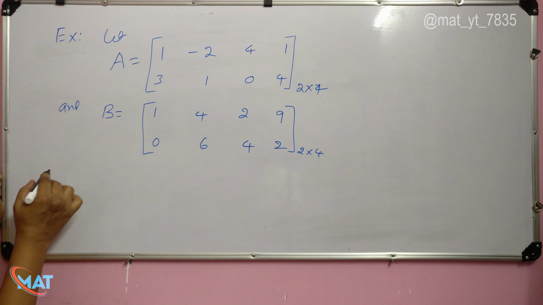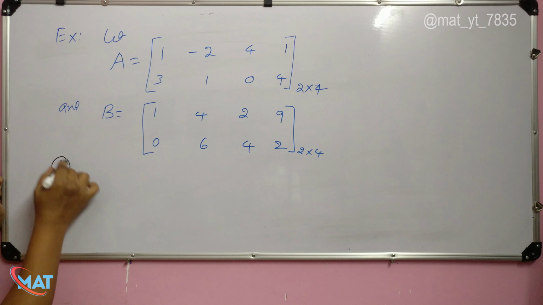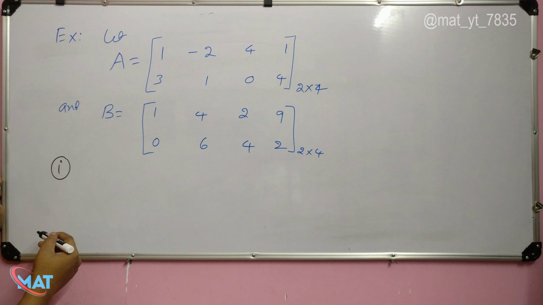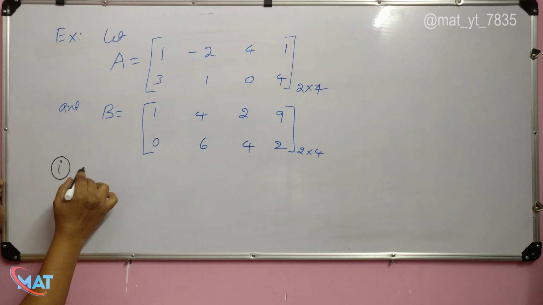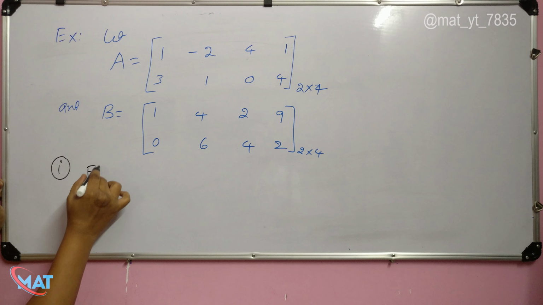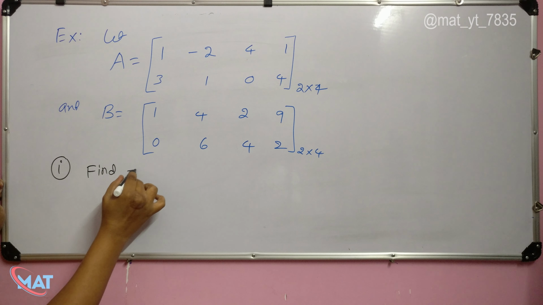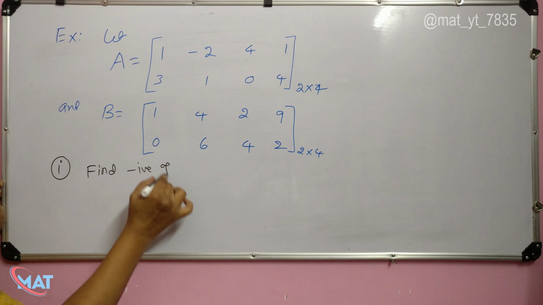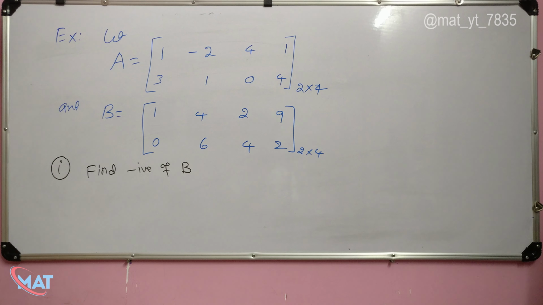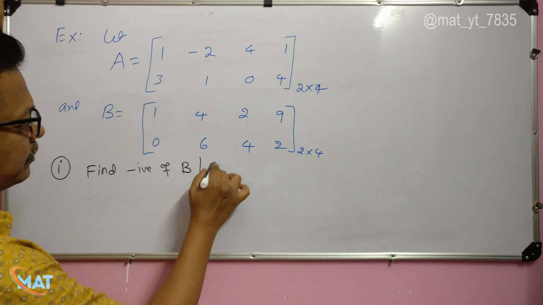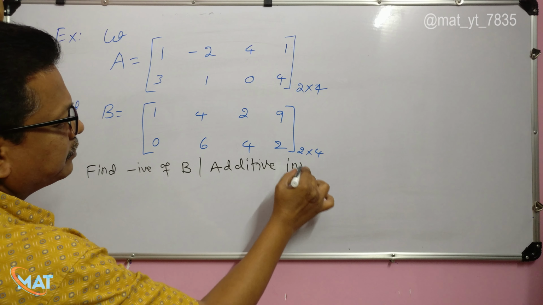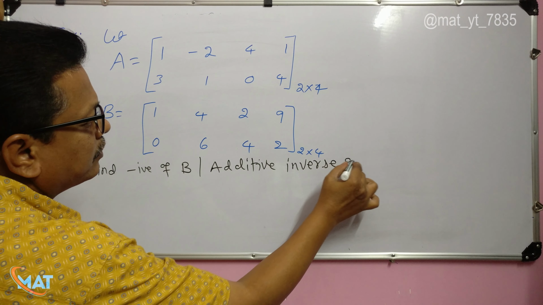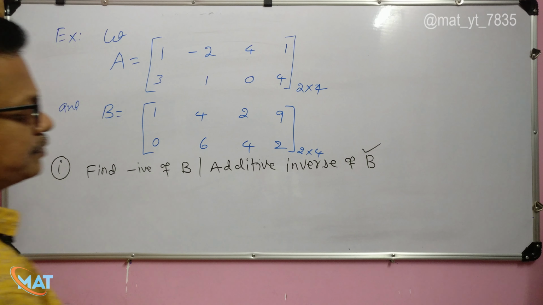So first, what you must do in this case, before going to the difference of A and B, is first find the negative of B, as I wrote in the previous explanation. Negative of B is also called the additive inverse of B. This word is most important, and this one is preferred.